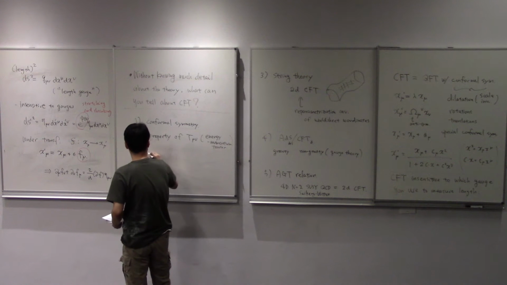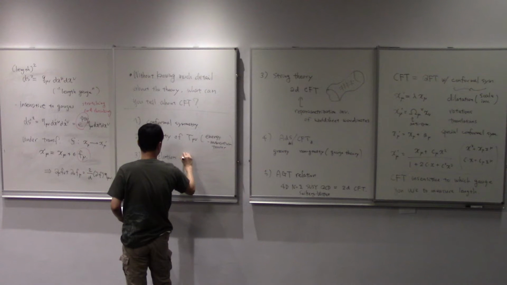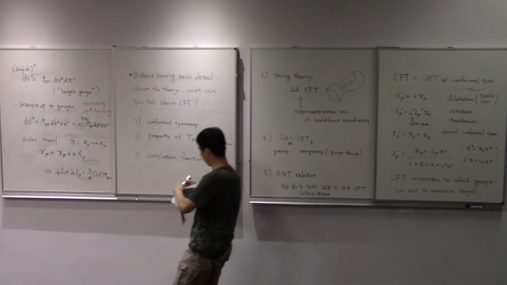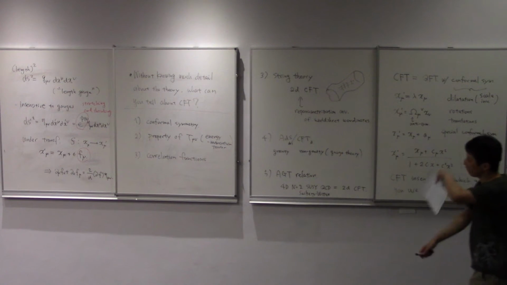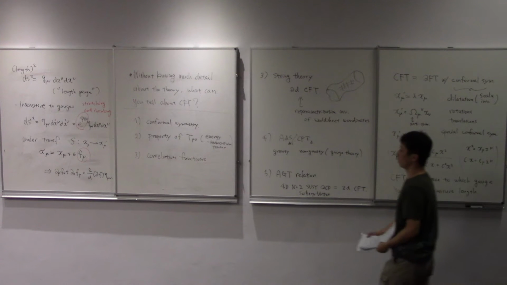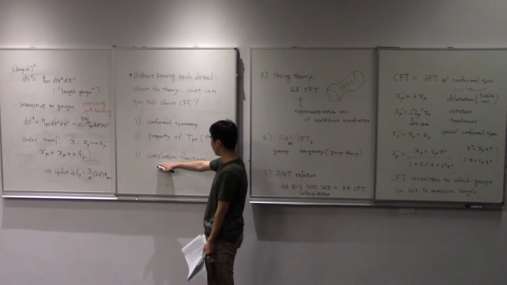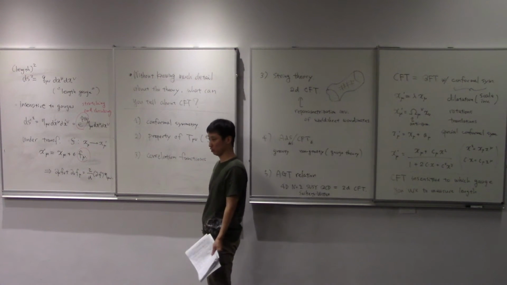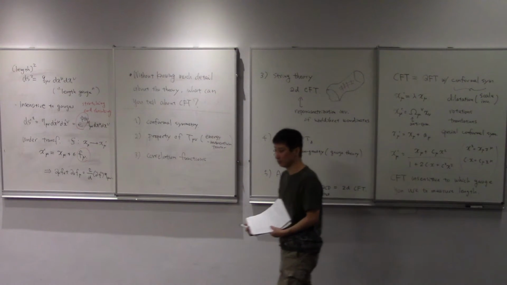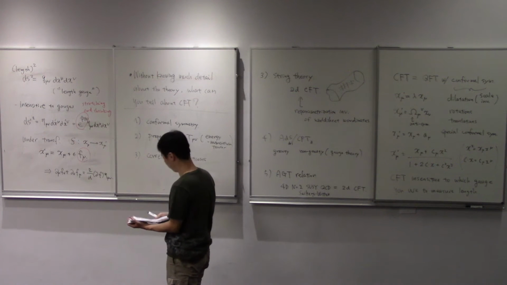And then I talk about correlation functions. So the main task is actually to determine the form of correlation functions simply from this symmetry. So that's the idea of conformal field theory.